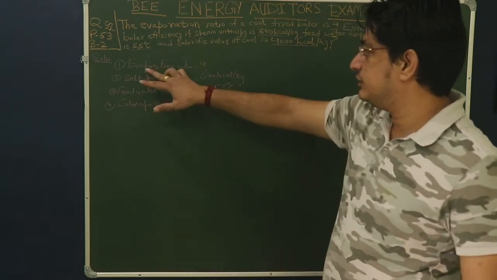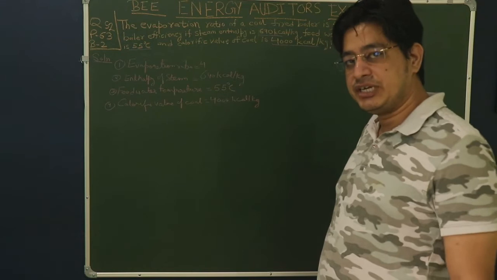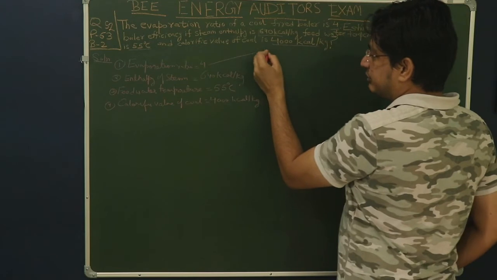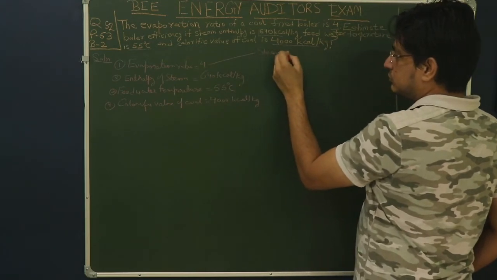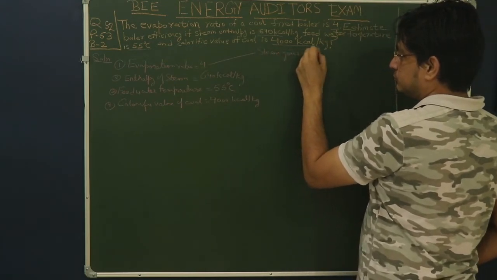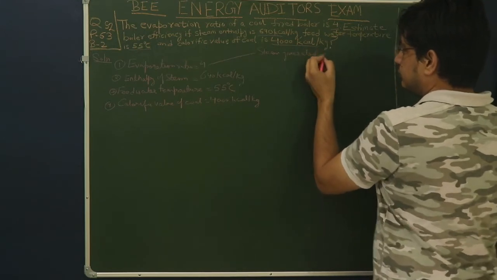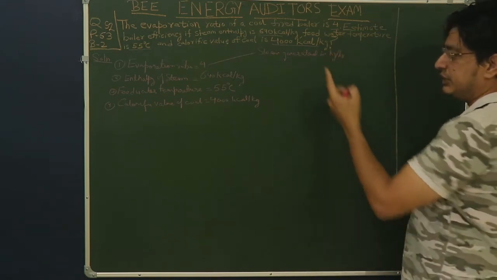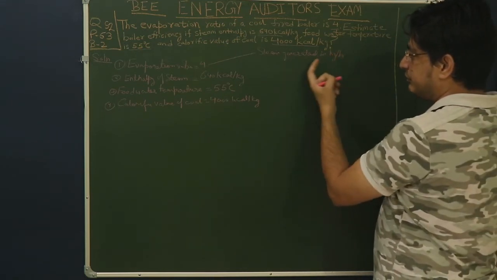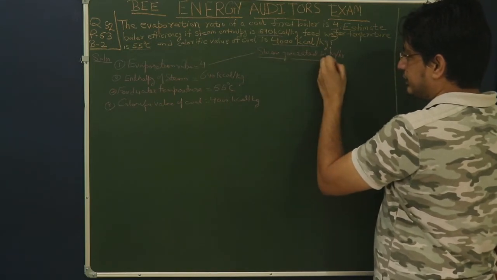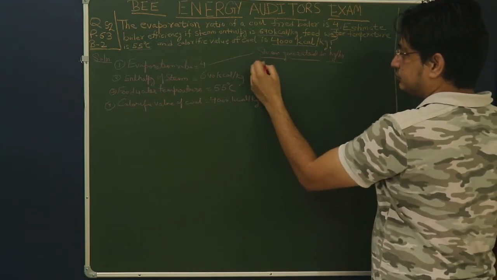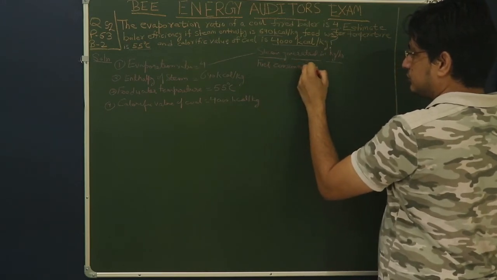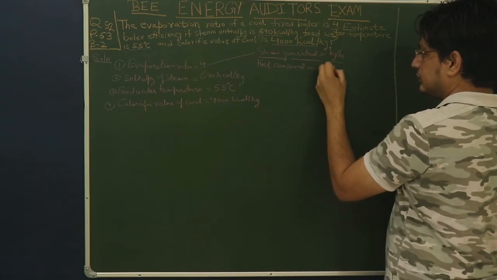So now let's get into the details of the data being given in the question. Friends, evaporation ratio. What is evaporation ratio? It is nothing but the ratio of the steam generated in kg per hour, that means how much kg of steam is getting generated per hour, divided by fuel consumed in kg per hour.